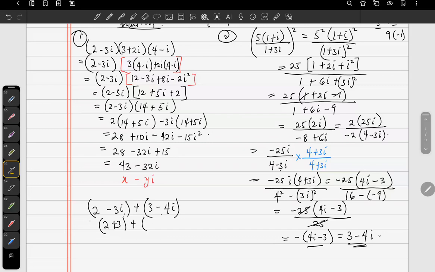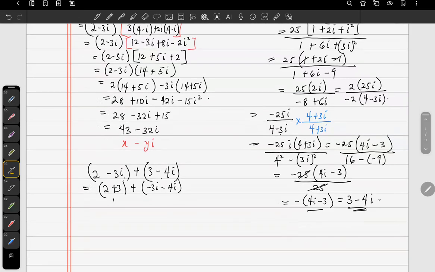Then we also add the imaginary parts. The imaginary part of the first one is negative 3i, and of the second one is negative 4i. So 2 plus 3 is 5, plus negative 3i minus 4i is negative 7i. That gives us 5 minus 7i. It's as simple as that.